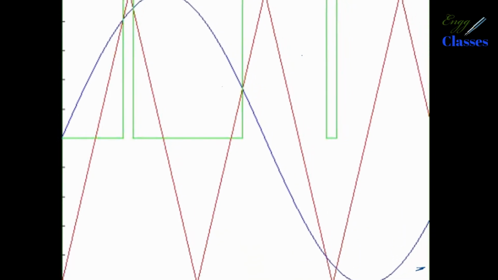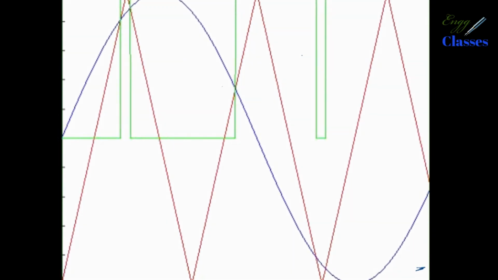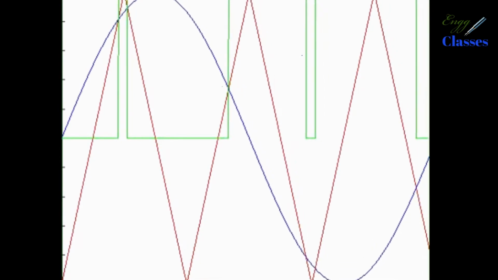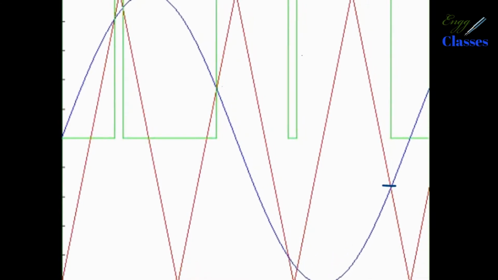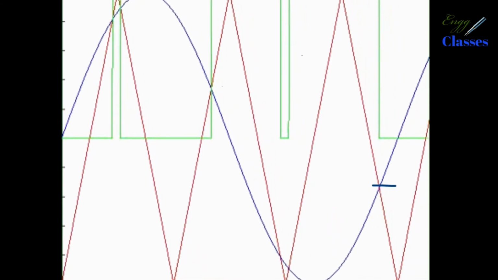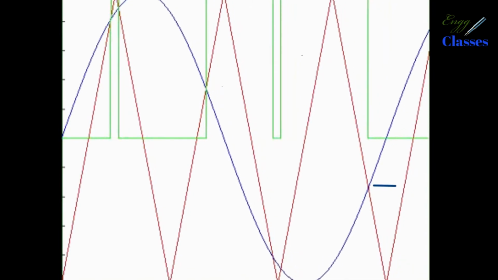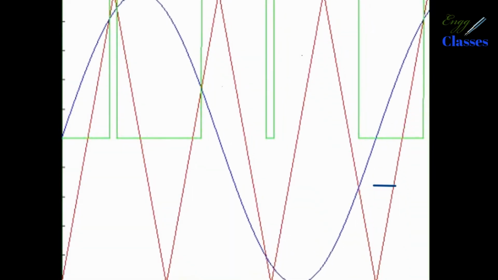Again, at this instant, these two values are equal, and between these two time instants, the amplitude of the carrier signal is less than that of the modulating signal.